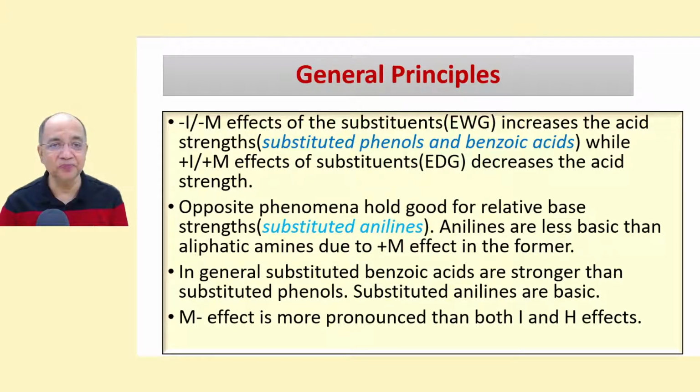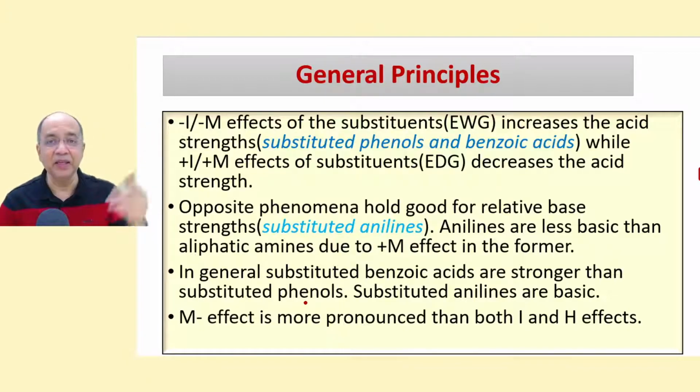Got it? Let me bring my pen. Yes, my favorite is this color. Now these things I have written. In general, substituted benzoic acids, that means carboxylic acids, are stronger than substituted phenols.